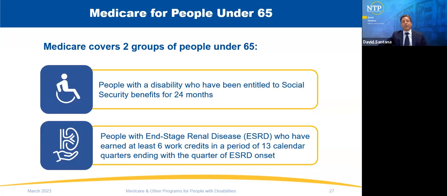Unlike Medicare for people with disability, who get automatically enrolled, individuals who are diagnosed with end-stage renal disease and qualify for Medicare are not automatically enrolled. So they have to file an application. They're not required, however, to file an application, and so it is up to the individual to enroll when they become eligible.